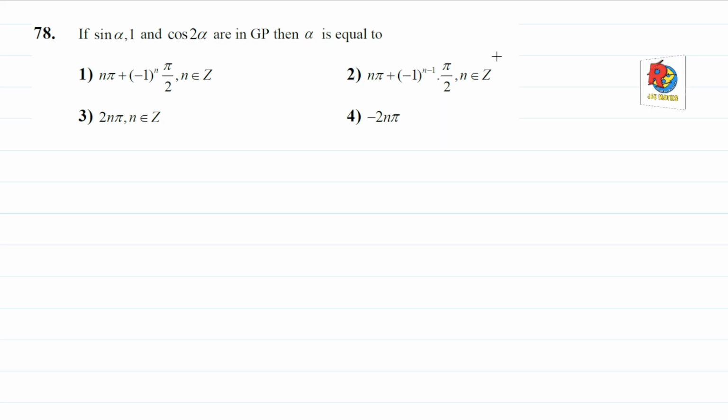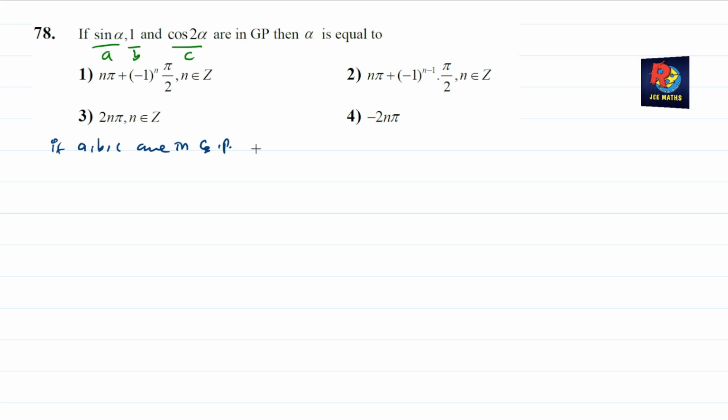This is also like that only, GP conditions. So let us assume that this is A, this is B, this is C. If A, B, C are in GP, then B square equals AC. Therefore, 1 square equals sin alpha into cos 2 alpha.